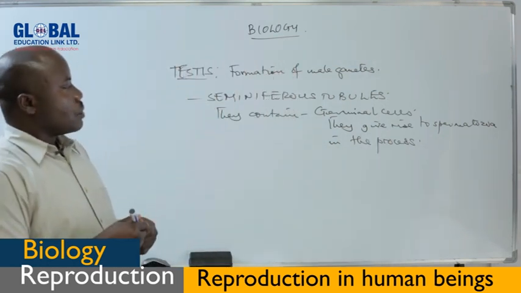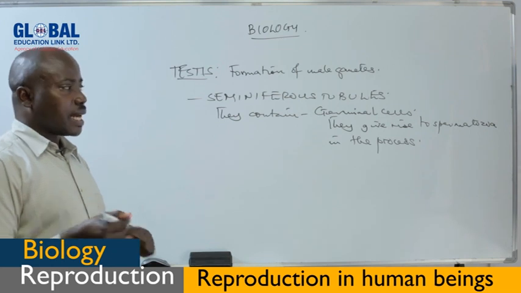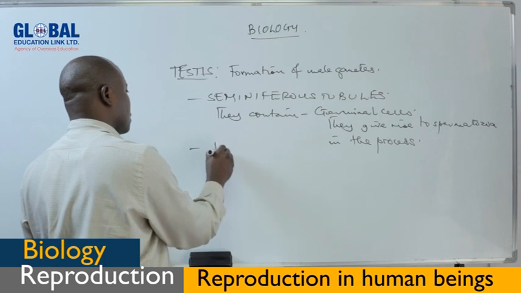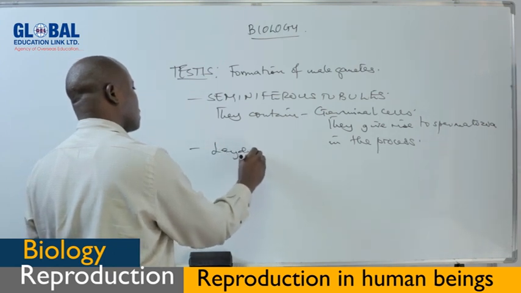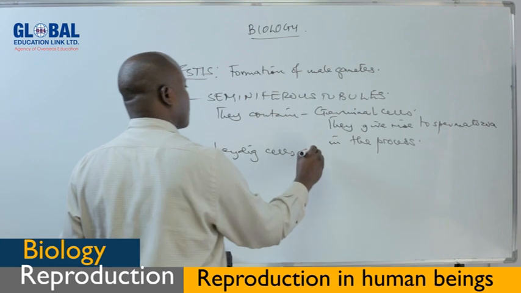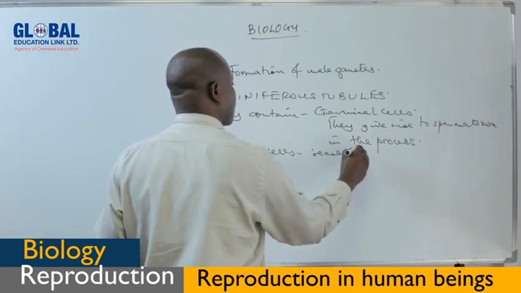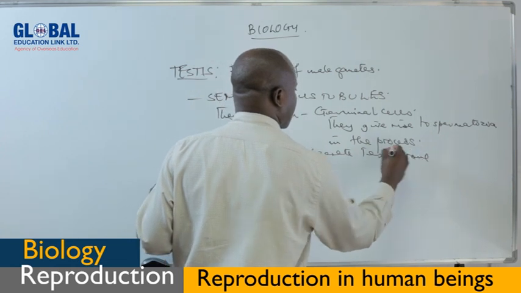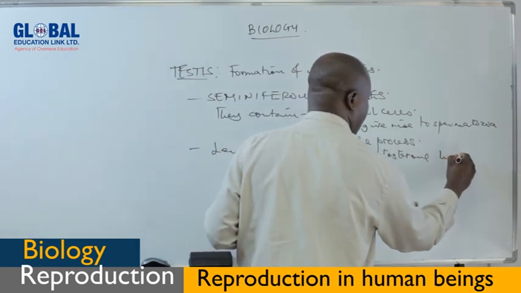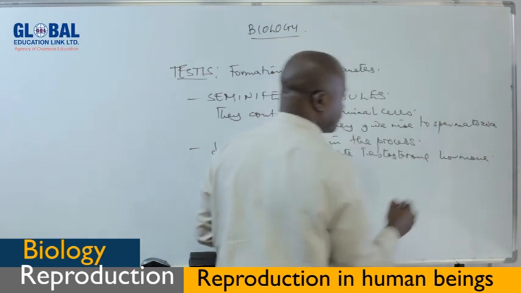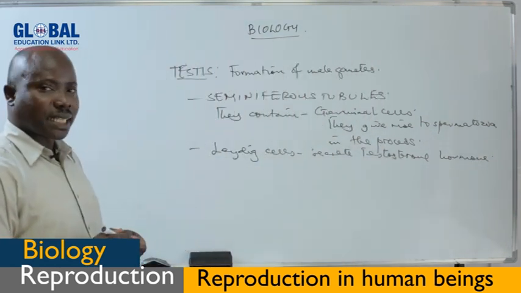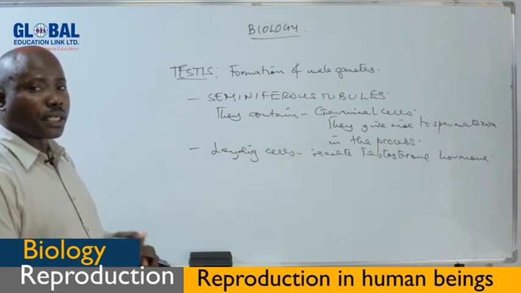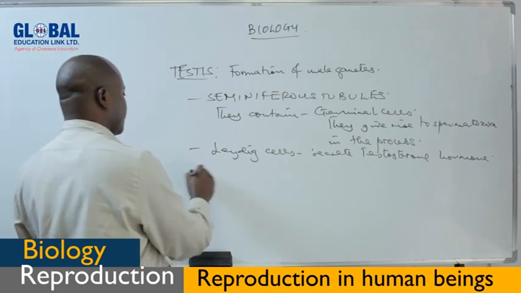But also, within the testis, there are cells specialized for sex hormone production. However, there are other cells which are mainly for nourishment of the young gametes.